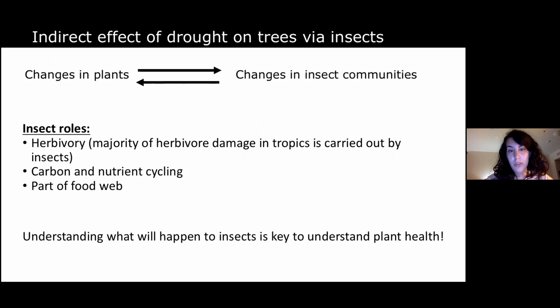For example, the majority of herbivore damage in the tropics is carried out by insects rather than vertebrates or larger animals. They're also very important for things like decomposition. They're a huge part of the food web.